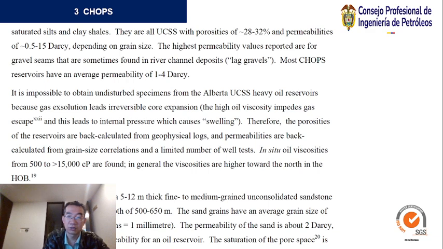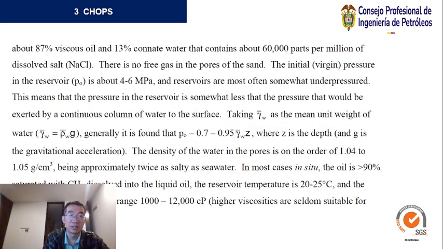The saturation of the pore space is about 87% viscous oil and 13% connate water that contains about 6,000 parts per million of dissolved salt. There is no free gas in the pores of the sand.